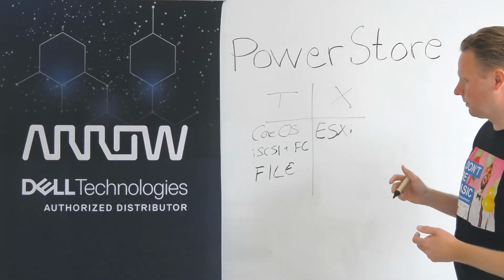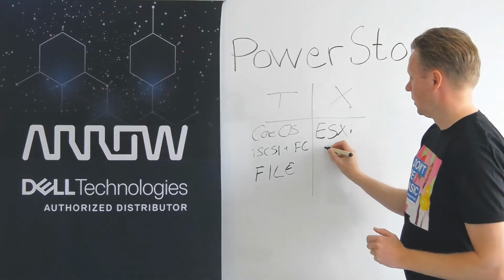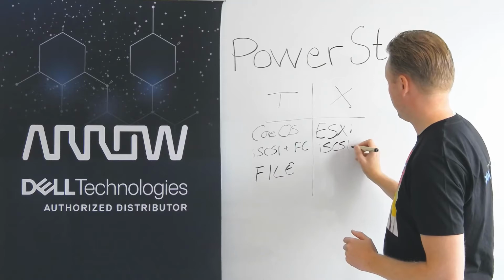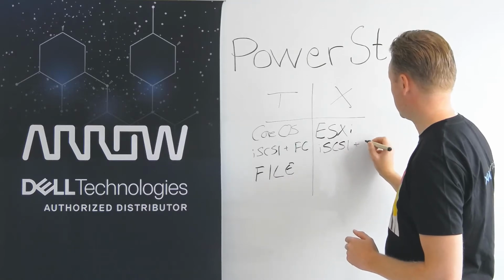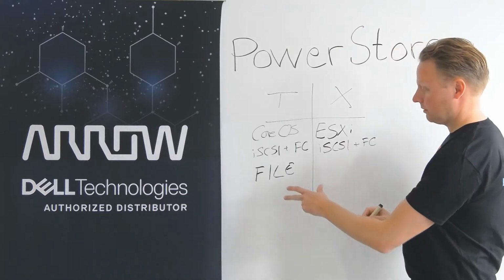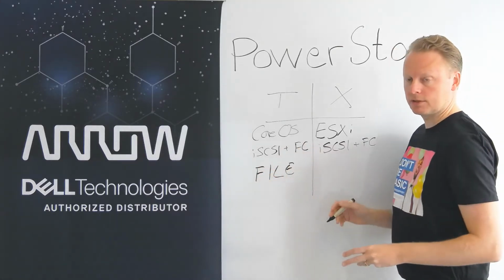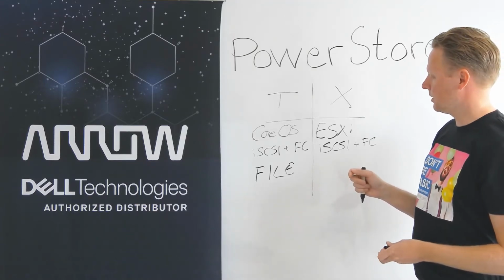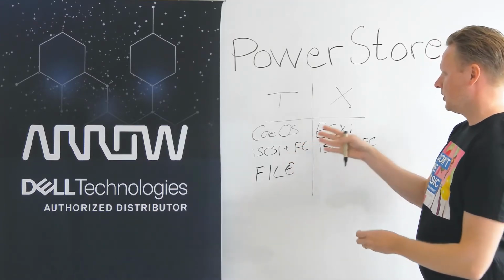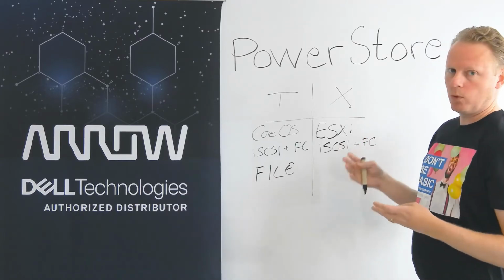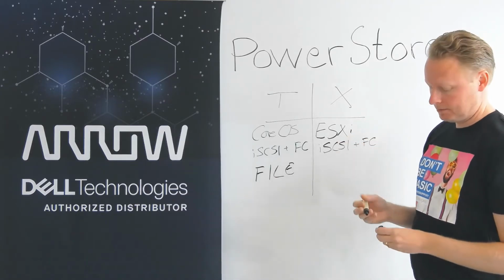So let's talk more about it later on. In this model, you're also able to provide block storage, iSCSI and fiber channel, but not file. So it's either file, that option is more interesting for you or suits your client needs, or the hypervisor thing, where you're able to also maybe run workloads directly on the storage appliance.